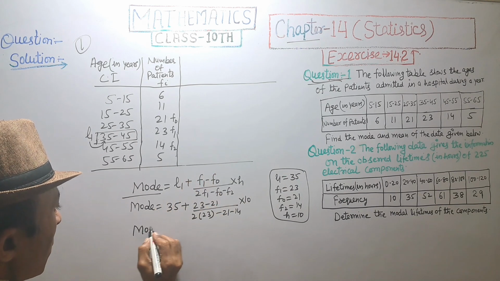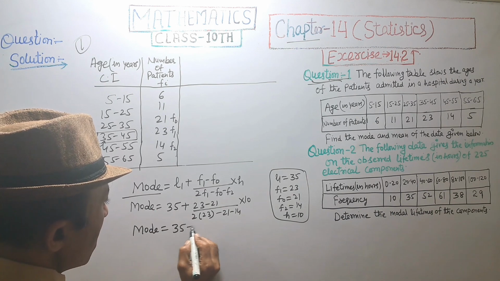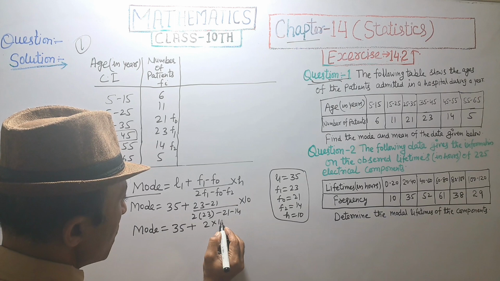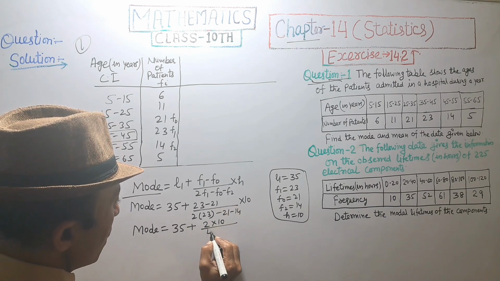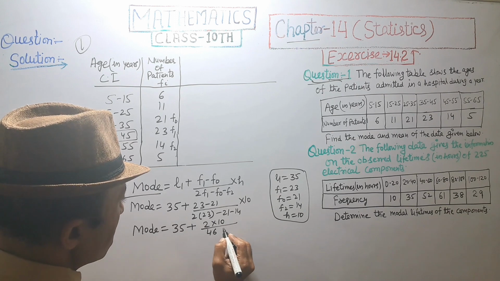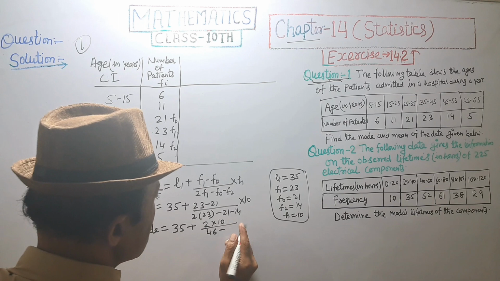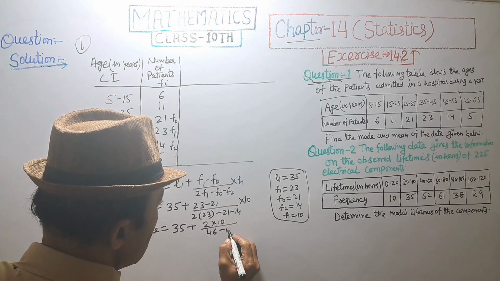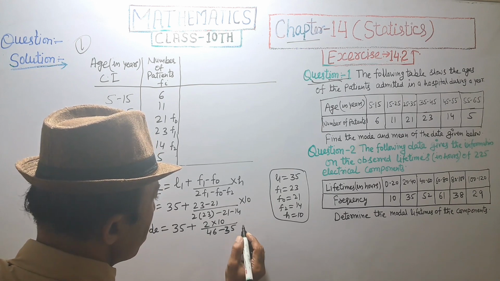So mode is equal to 35 plus 23 minus 21, that is 2, multiplied by 10. 2 into 23 is 46, minus 14 plus 21, is equal to 35.